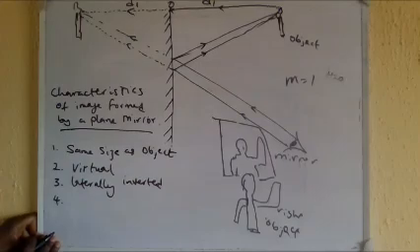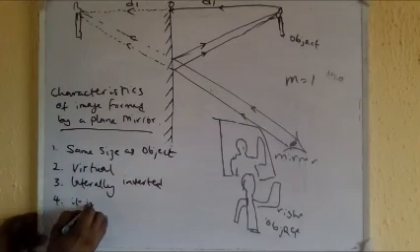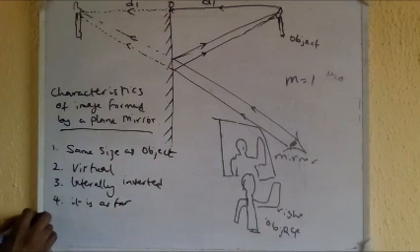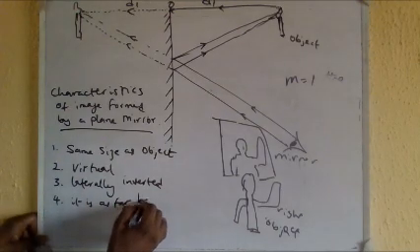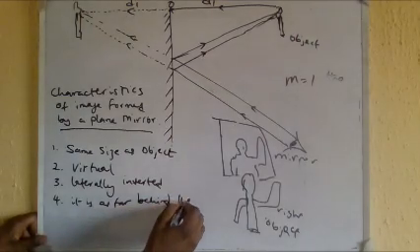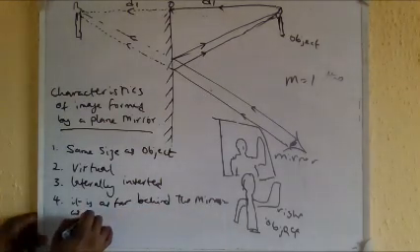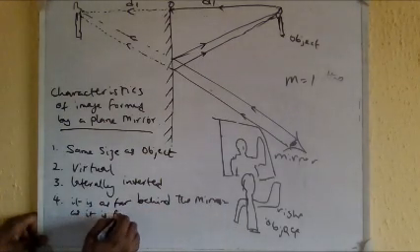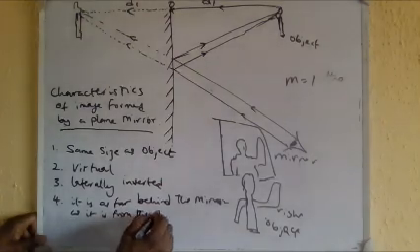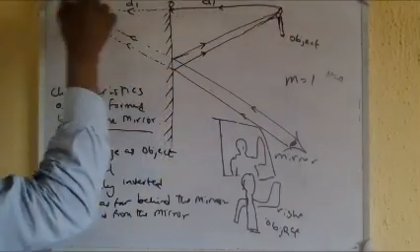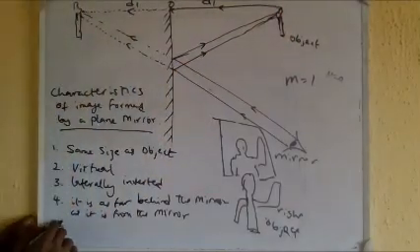It is as far behind the mirror as it is from the mirror. So what that means is that object distance and image distance are the same. Then finally, it is upright.